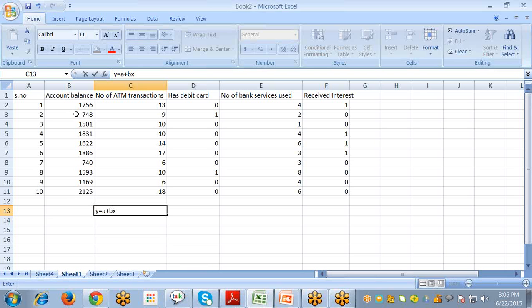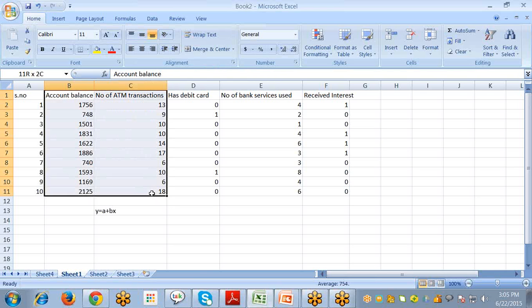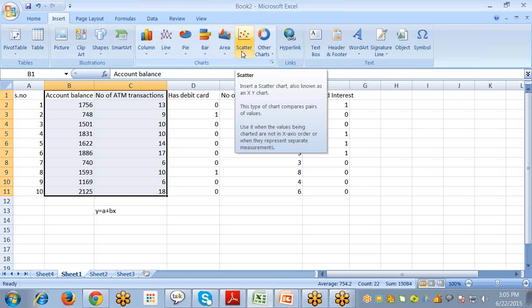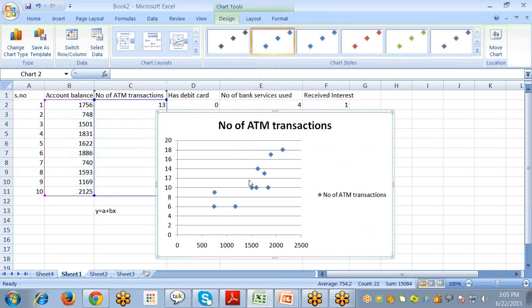Okay, so first we will see whether there is any relationship between account balance and number of ATM transactions using a chart. So I'm showing this with the help of a chart. I just select the columns from account balance to number of ATM transactions, then go to Insert, and from the scatter chart select the scatter.